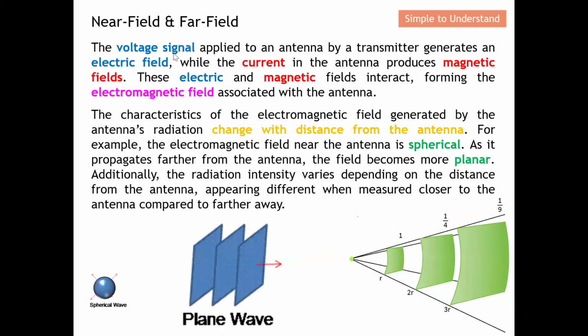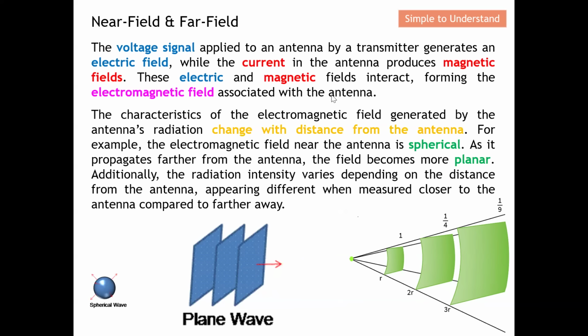The voltage signal that is applied to the transmitting antenna generates an electric field, while the current in the antenna produces a magnetic field. In short, the voltage helps to create the electric field, while the current in the antenna helps to create the magnetic field. This electric and magnetic field interact, forming the electromagnetic field associated with the antenna.